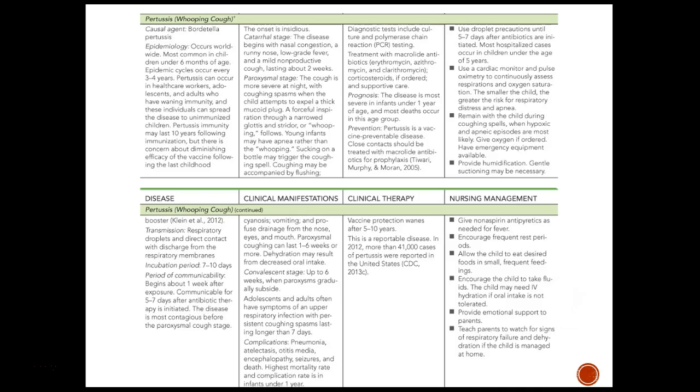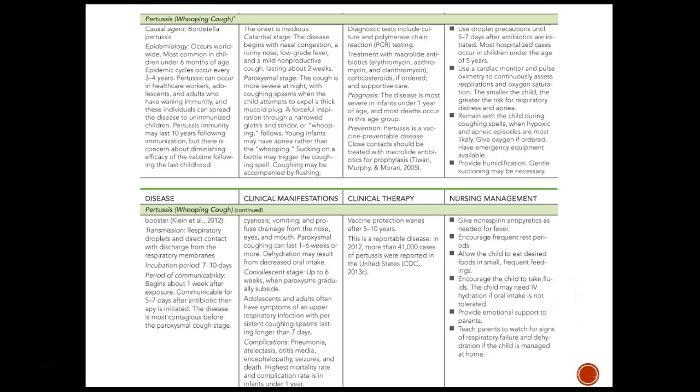Because our babies can't get this vaccine for several weeks after birth. So we want to be sure that anybody who is going to be around them has been vaccinated and is actually immune so they don't transmit it to the baby.